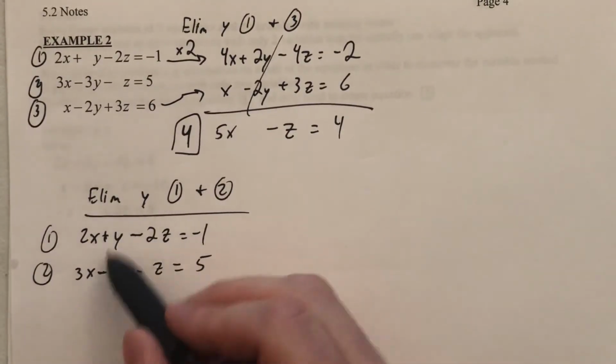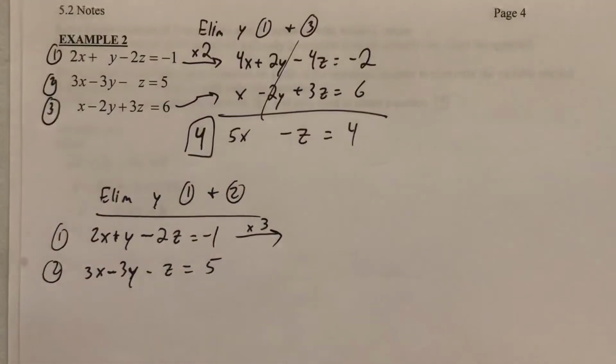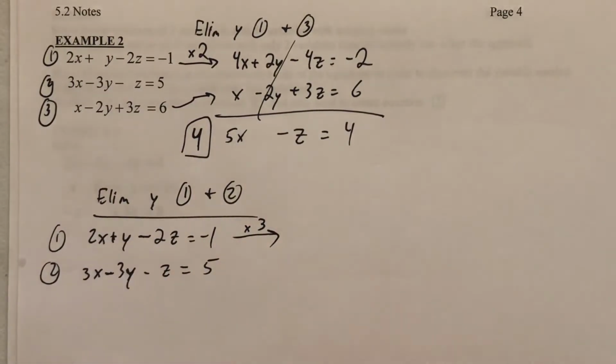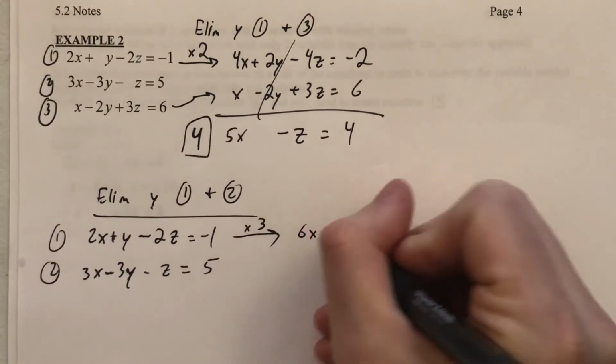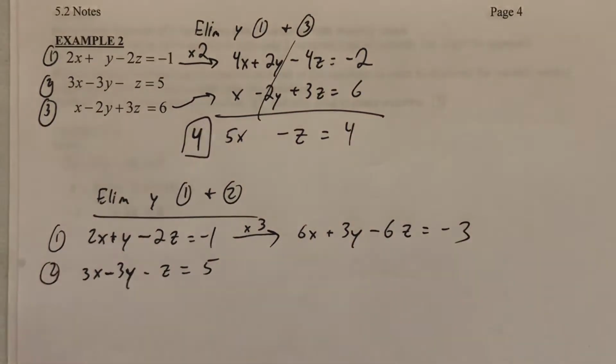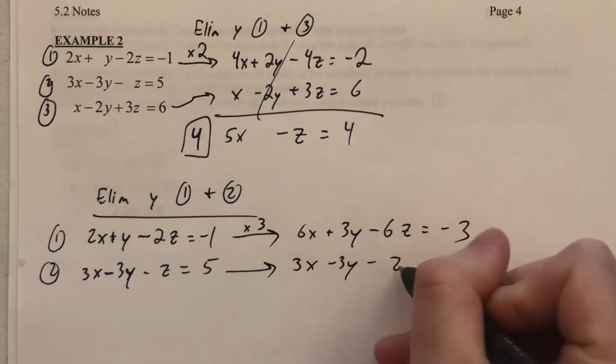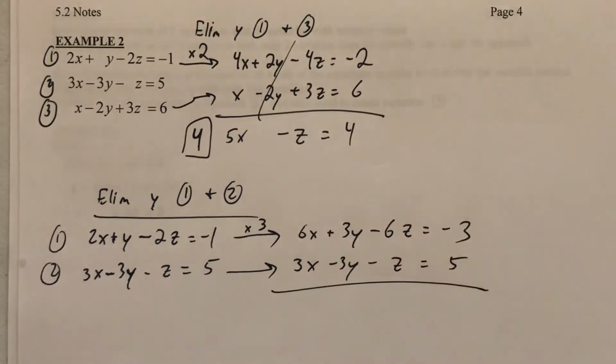But back to eliminating y, we can make that happen by multiplying this top equation by a 3, which will make that positive 3y. So 6x plus 3y minus 6z equals negative 3. And then not changing this equation at all gives me that.